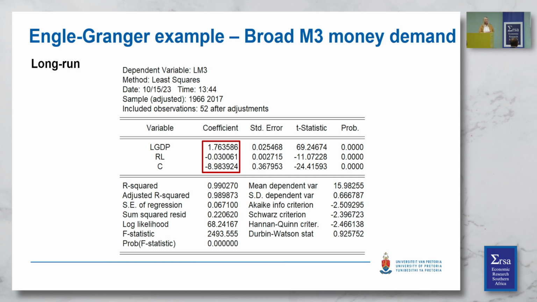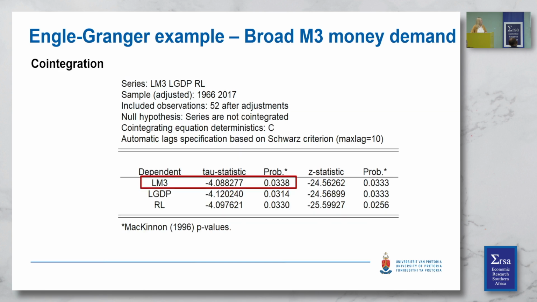So on average, if the GDP expands by 1%, the demand for broad money to facilitate all these transactions and speculation and everything that goes on will be almost 1.76%, whereas the impact of higher interest rates will lower demand for money by almost 3%, by a 100 basis points increase in the interest rate.